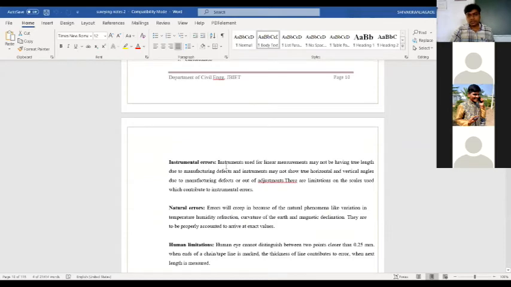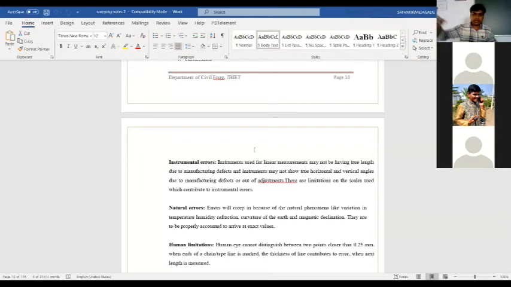Instrumental error. In the instrumental error, what kind of instruments are we going to use? We use instruments to measure linear measurements and angular measurements, right? In linear measurements, if I take the example of a chain, the chain is made up of steel, and we elongate it on the field.